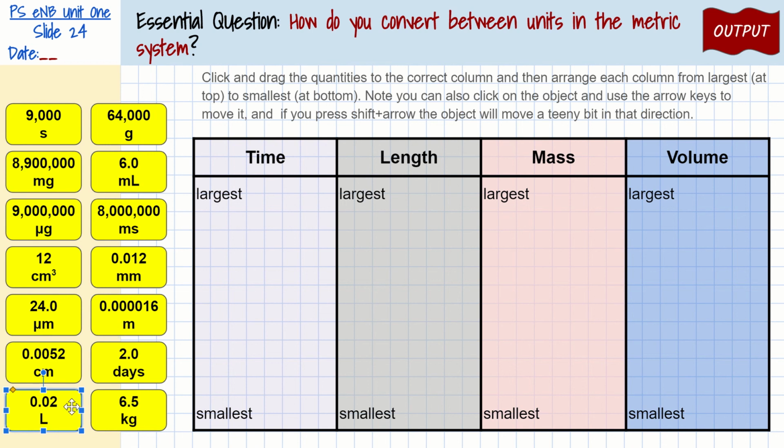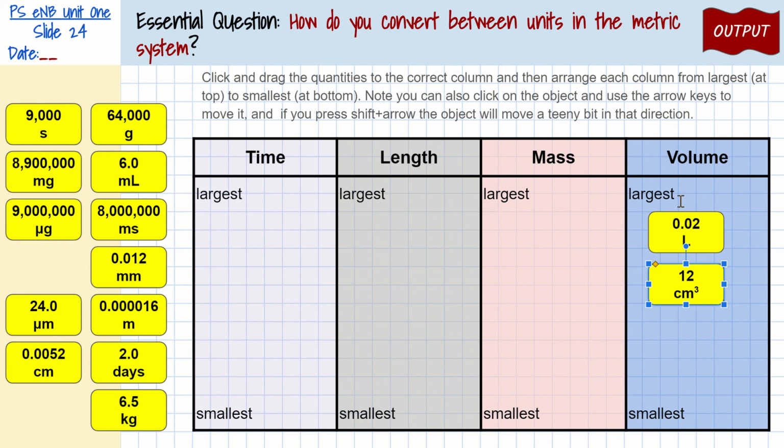And then I pull over, okay, so I know this is the largest, so I'm going to click and drag that over. My second largest was 12 cubic centimeters, because that's actually equal to 12 milliliters, whereas the 0.02 liters is 20 milliliters. And then my smallest was actually that 6 milliliters. Okay, so that's how I would do the volume category for this activity. And I'm going to leave it up to you to do the time, length, and mass columns.